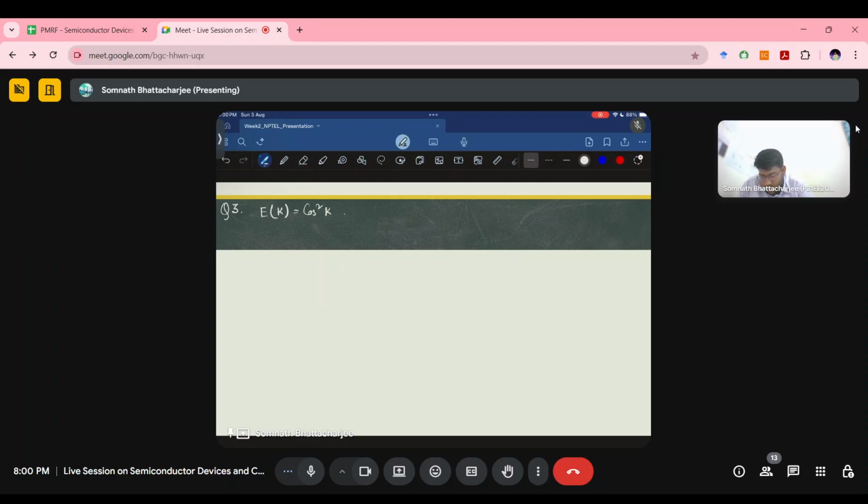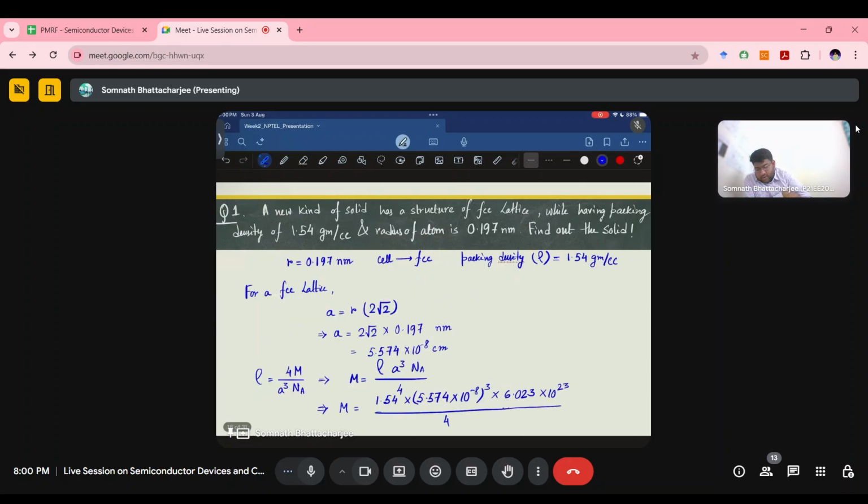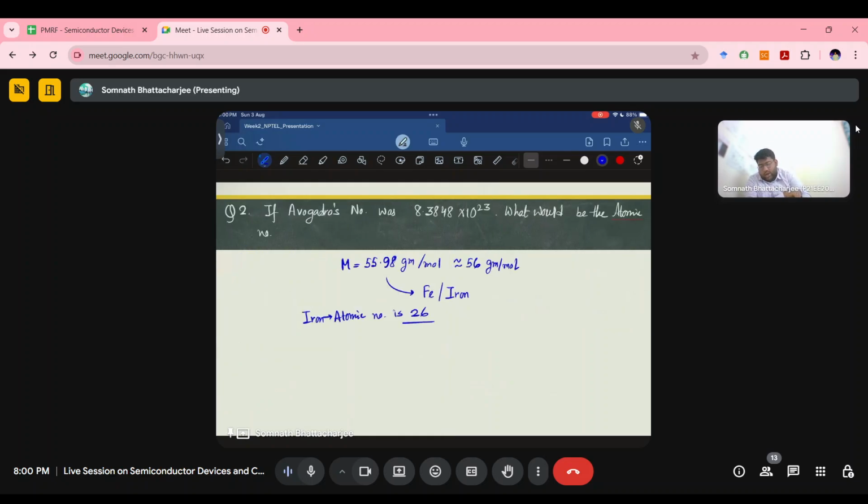Now find out the expression of effective mass. We have already solved this, so we have got the effective mass. So try to solve this.